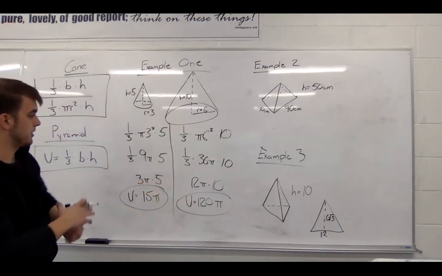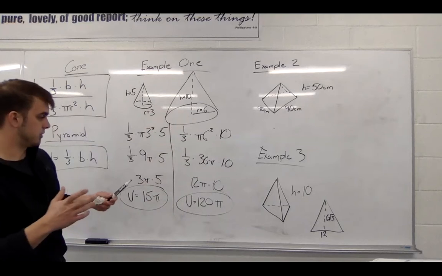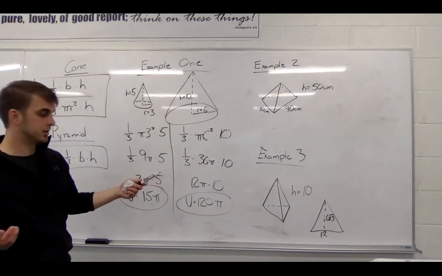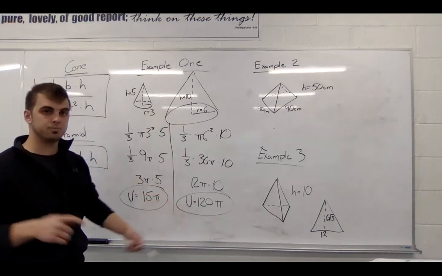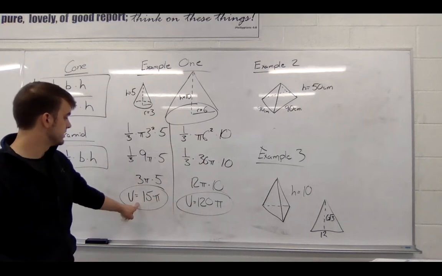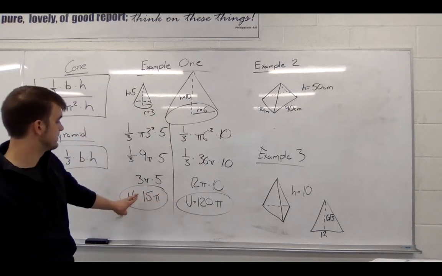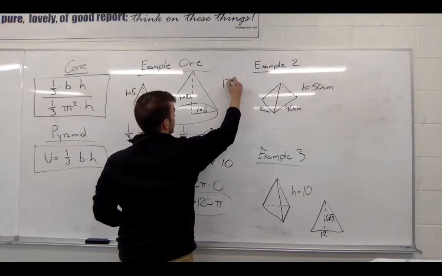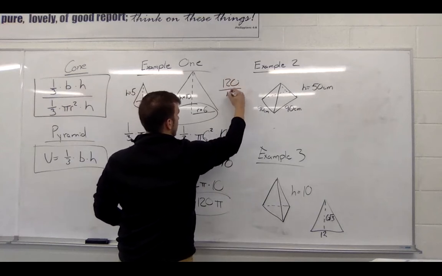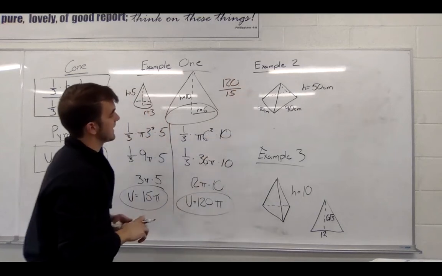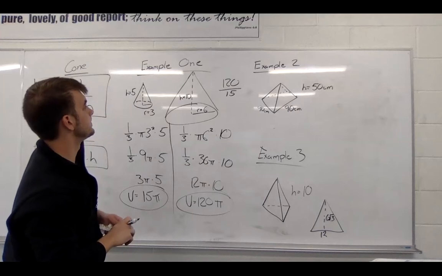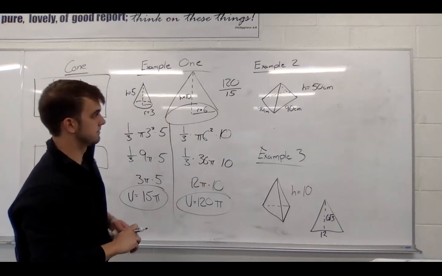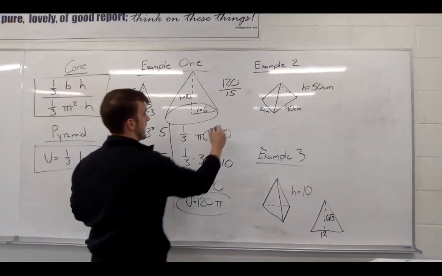The second part of the question asks, how do they relate to each other? The one that's bigger, how much bigger is it? Well, 15 times how many times? In other words, how many times could you stick 15 in 120? The way you figure that out is you put 120 over 15. You divide that out, and that gets you 8. 120 divided by 15 is 8.